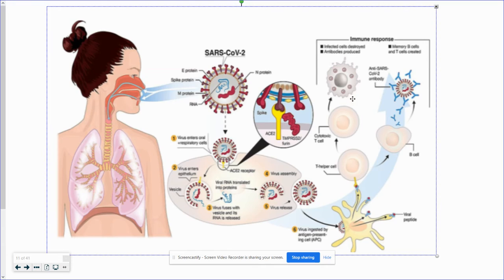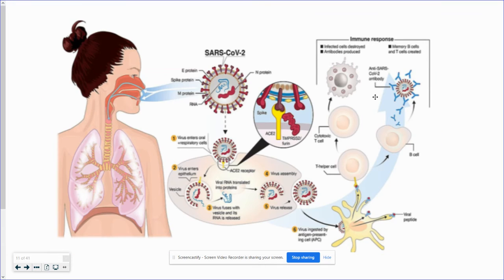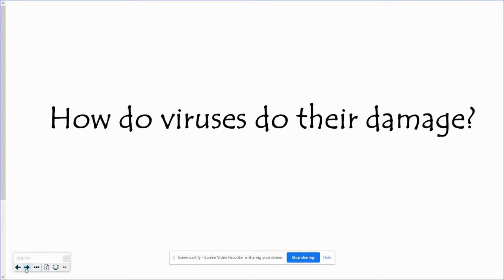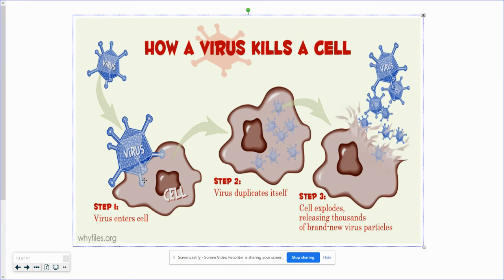Now, this little picture here is showing our immune system kind of attacking it, right? So how do viruses do their damage? They attach to a cell, they get in, they make more viruses, and then they burst out and spread out more, and in the process, they destroy the cell, releasing more viruses.